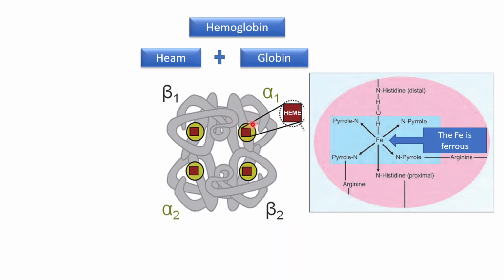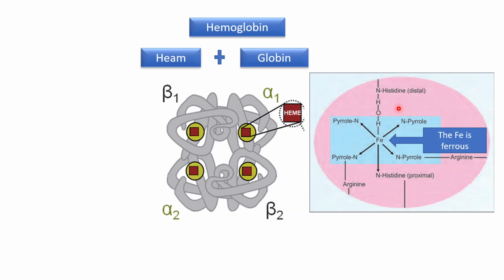So the histidine amino acid which is present in the globin chain, the proximal histidine, satisfies one valency of the iron. Then we also have a distal histidine amino acid which is present in the globin chain. So iron again binds with the distal histidine amino acid.